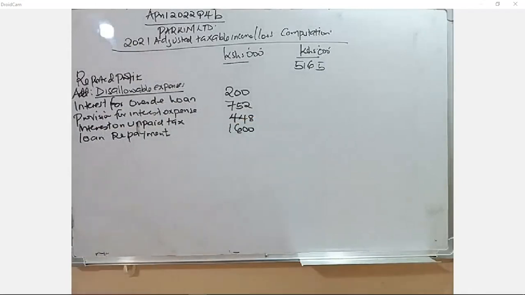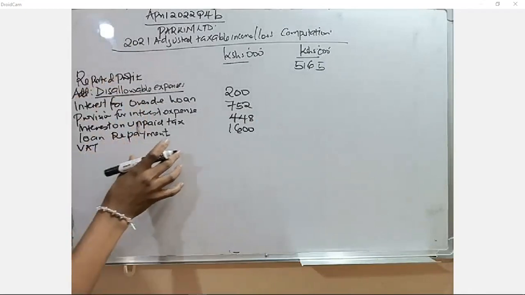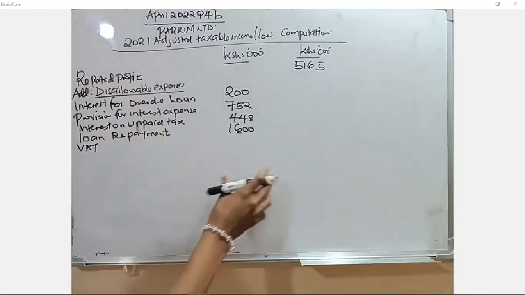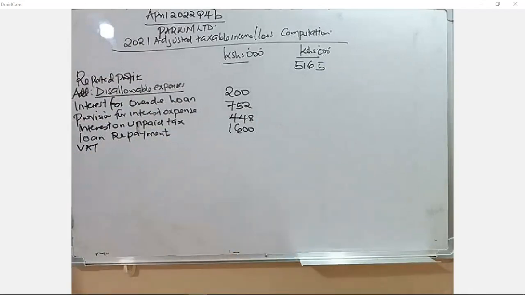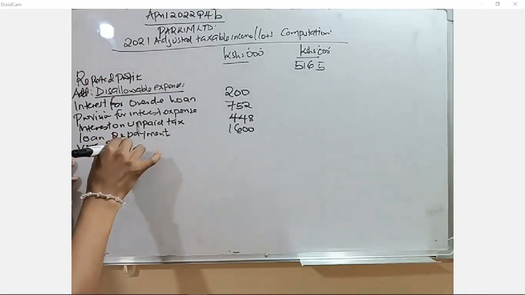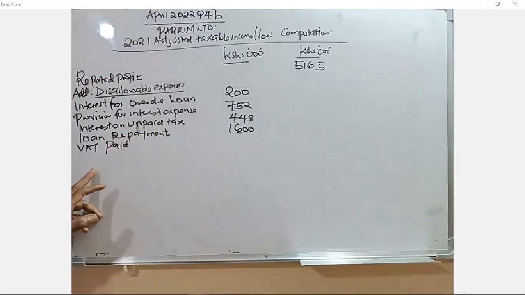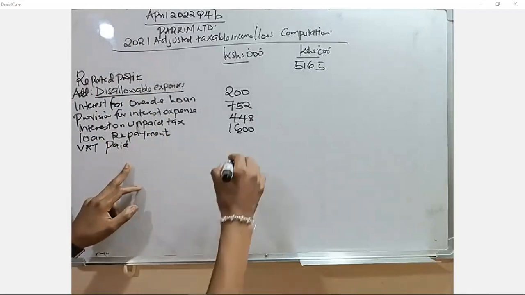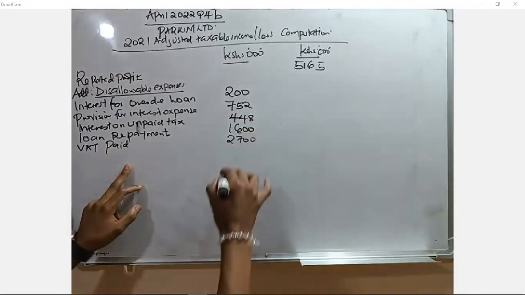Now we are being told director's fees, which is okay. VAT paid: we don't have to include the VAT. We normally pay VAT out of the income generated. We are here to generate the income. So the VAT paid can't be treated as an allowable expense, right? That is why we are treating it as a disallowable expense.